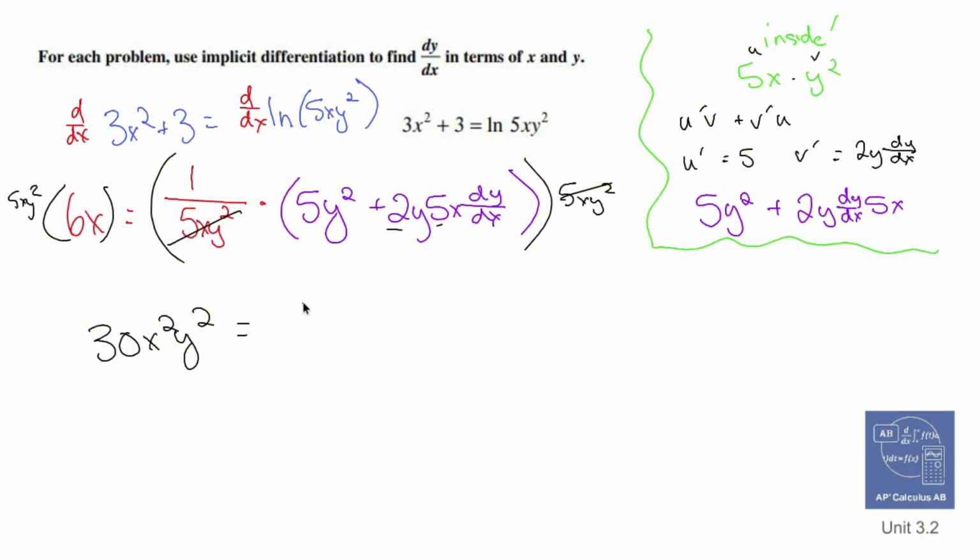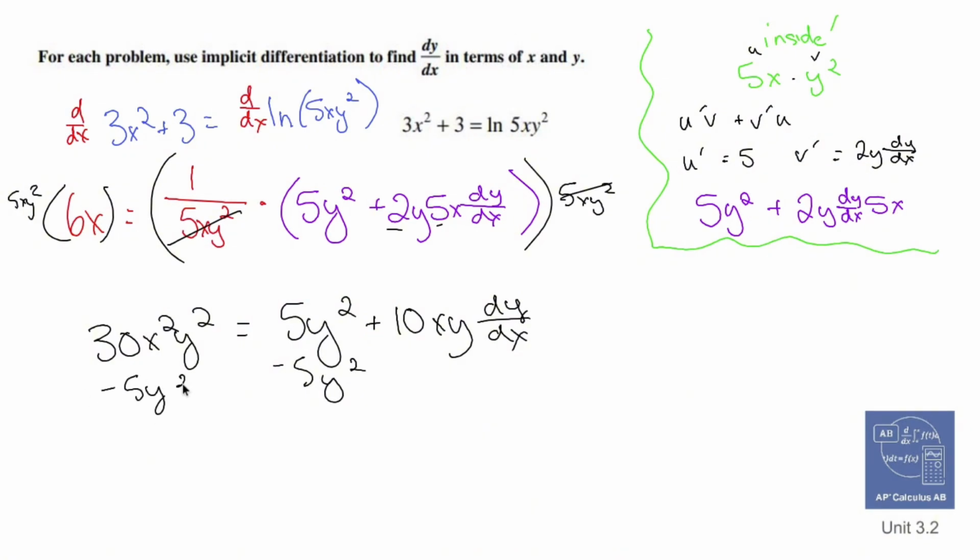So that's 5y squared plus 10xy dy/dx. Let's subtract 5y squared from both sides. So 30x squared y squared minus 5y squared equals 10xy dy/dx.